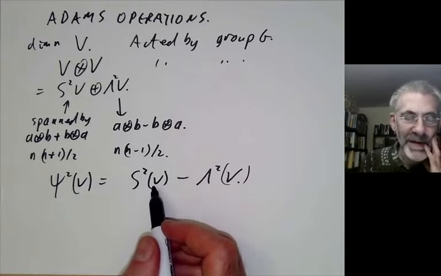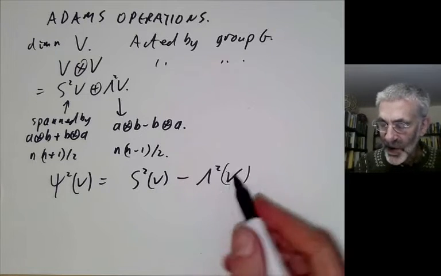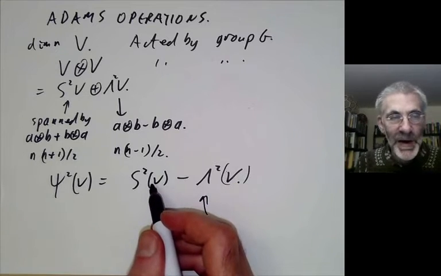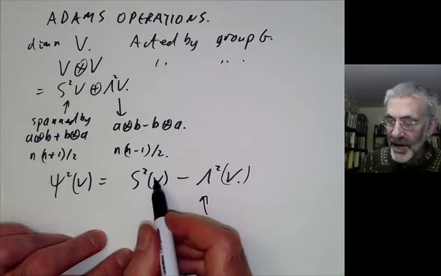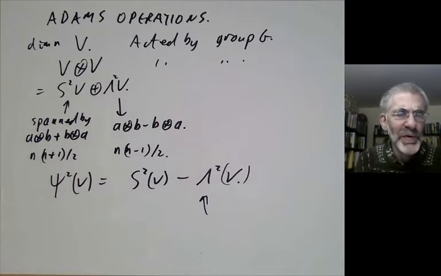Well, you may think this doesn't make any sense because you can't subtract vector spaces from each other, but you can. What we're going to do is just take the semi-ring of all vector spaces under direct sum and tensor product, and then just force it to be a ring by sort of just decreeing that we can subtract vector spaces.